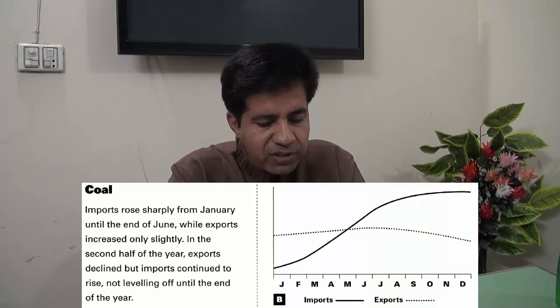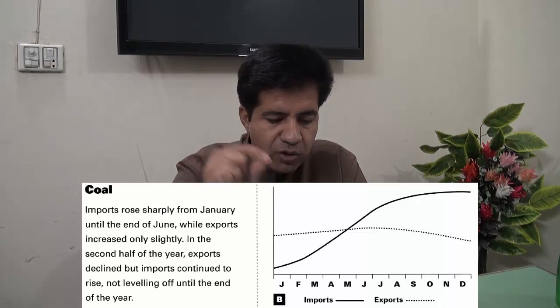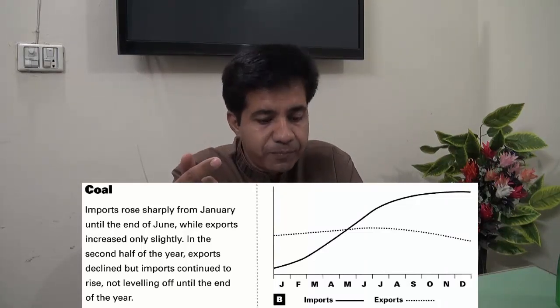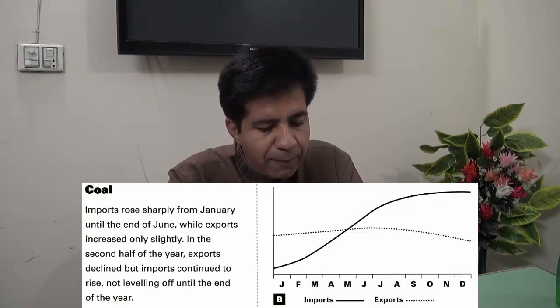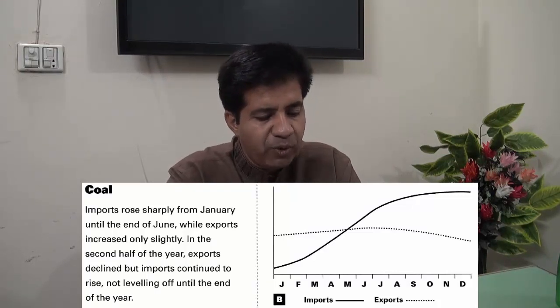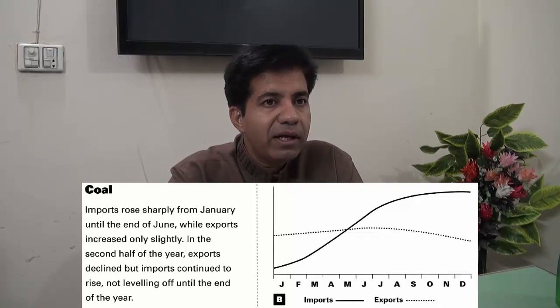Imports rose sharply. You can put your pencil on imports. Imports rose sharply. Can you see that? Sharply means swiftly, quickly. Imports rose sharply from January until the end of June. Can you see that? Until the end of June, while exports increased only slightly. Got it? Slight increase.